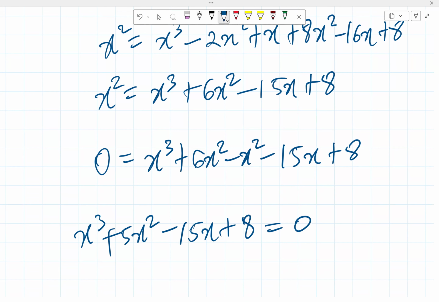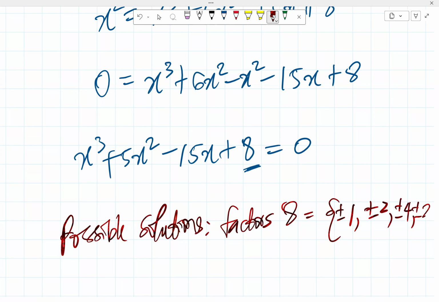So that's possible solutions: factors of 8 divided by factors of 1, the coefficient in front of x cubed. But since it's 1, we just say factors of 8 alone. So here we just have factors of 8, that's plus or minus 1, plus or minus 2, plus or minus 4, and of course, plus or minus 8.